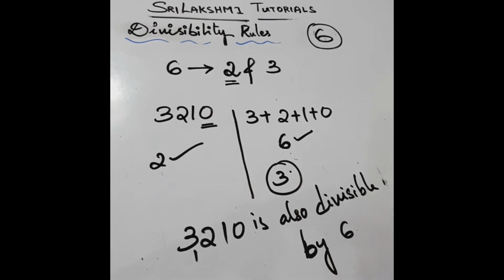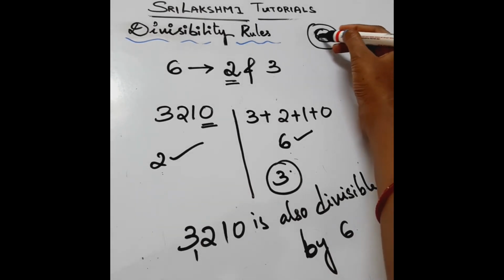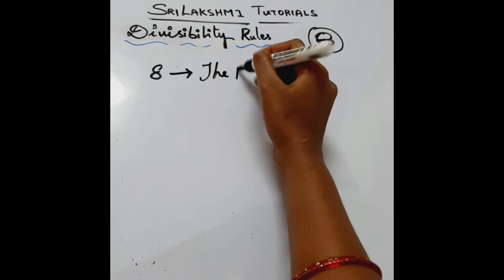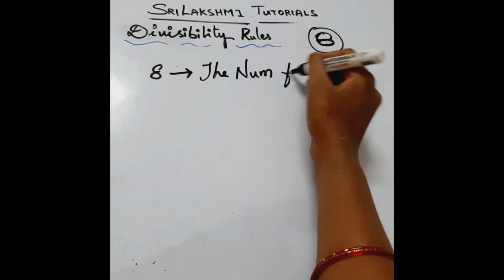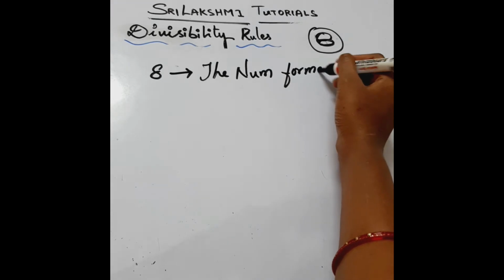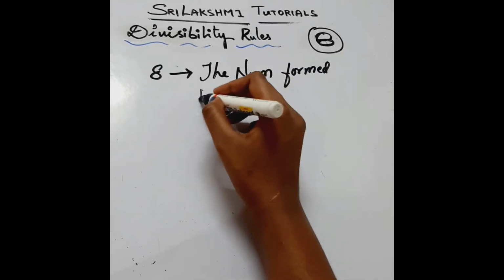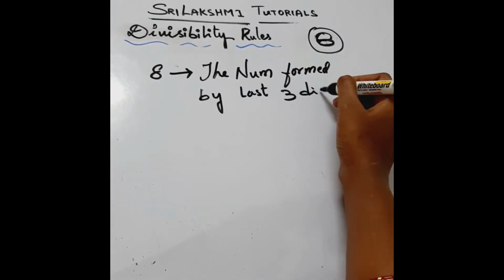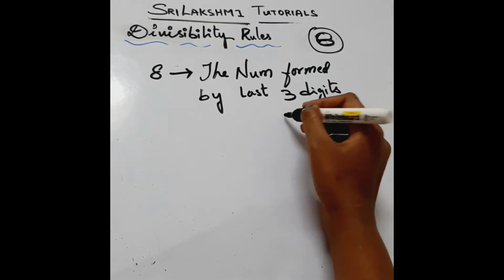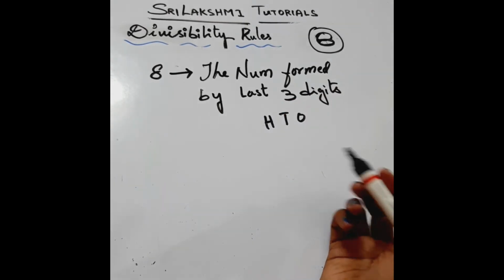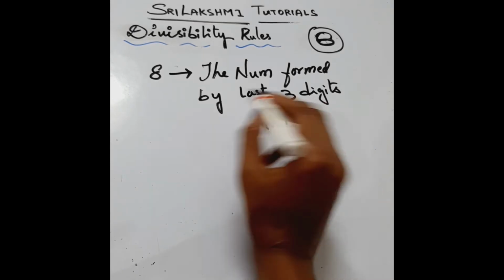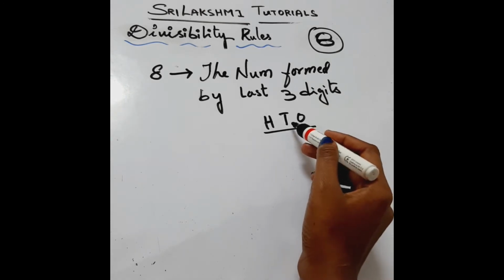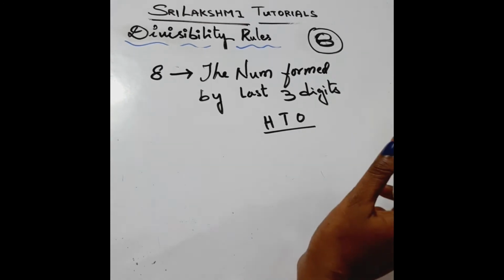Now we will see the rule for the number 8. The rule for 8 is the number formed by the last 3 digits, that is hundreds, tens and ones.